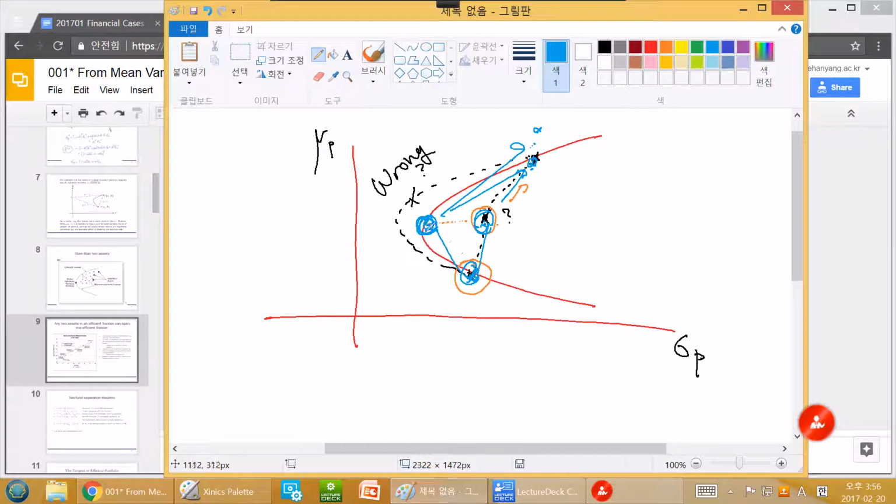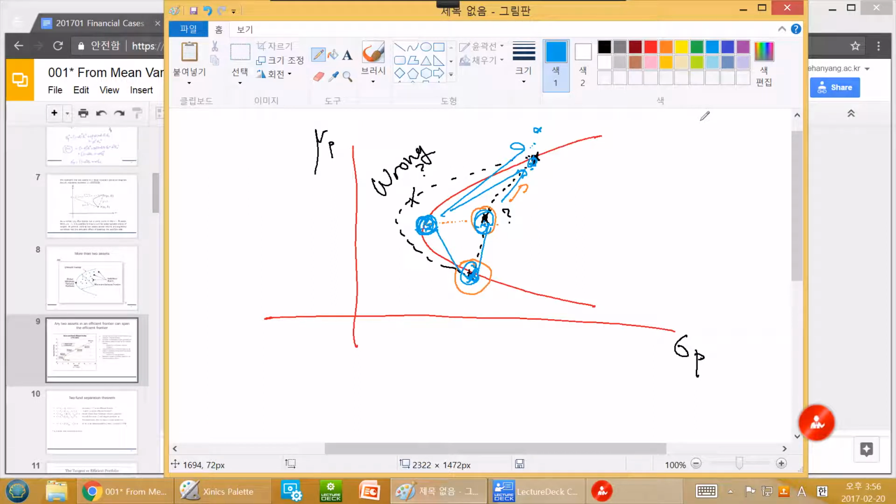So again, if we combine two efficient portfolios, we cannot do better than the efficient frontier, and we cannot do worse than it. The only possible logical conclusion is that it should be the efficient frontier. Therefore, with any two assets in the efficient frontier, we can perfectly recover the efficient frontier, right?